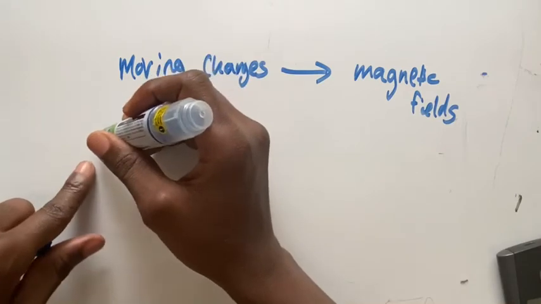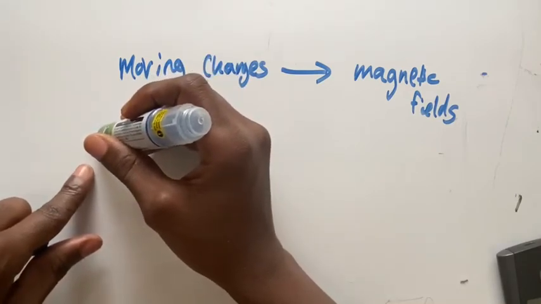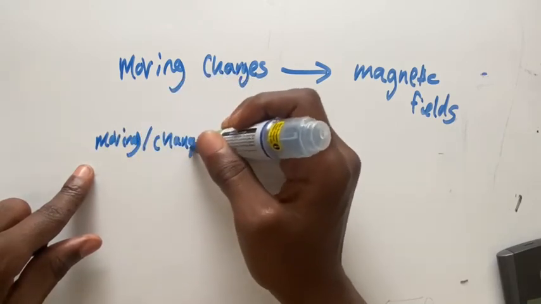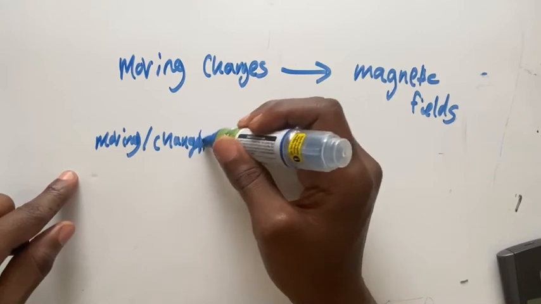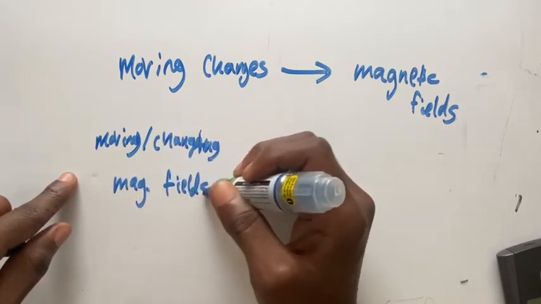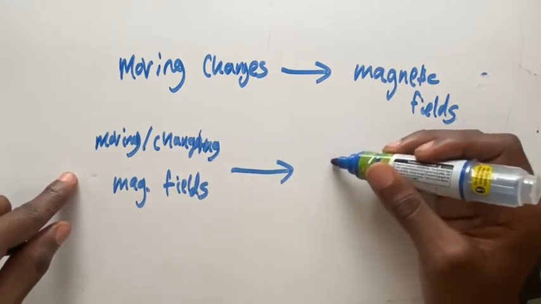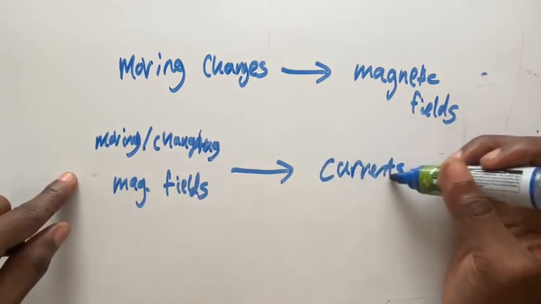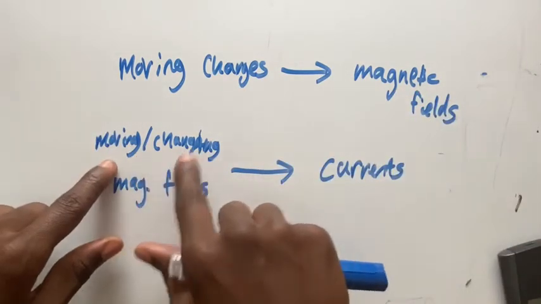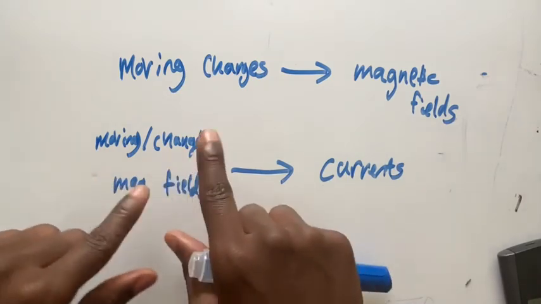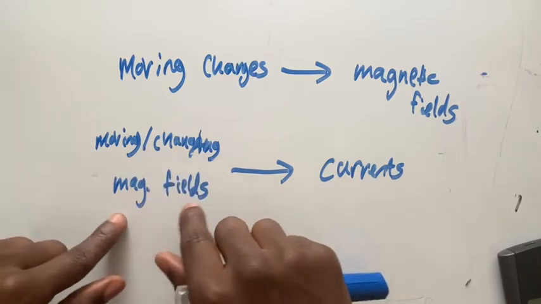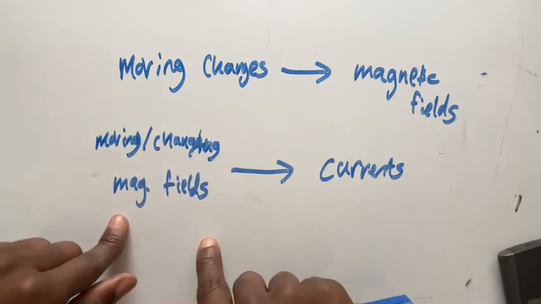We can say moving / changing magnetic fields produce basically currents. So a moving charge makes a magnetic field. A moving magnetic field, sorry about my handwriting, it says moving / changing. So a moving or changing magnetic field produces a current.